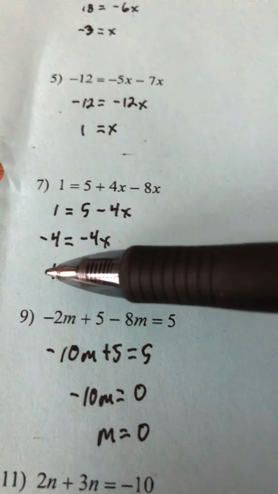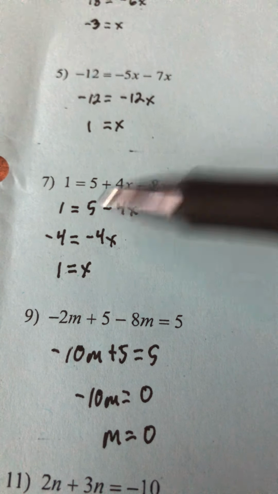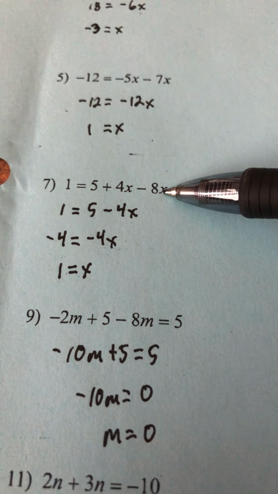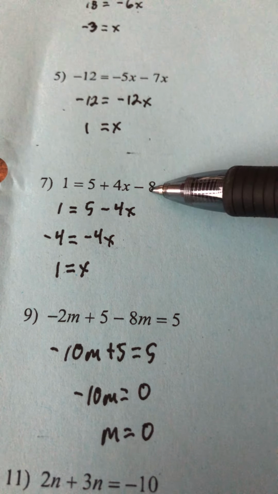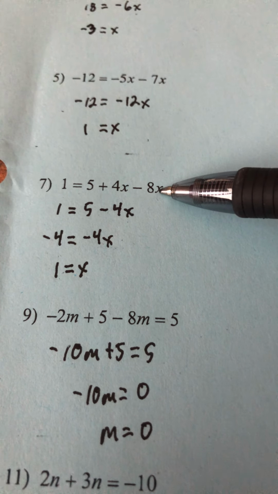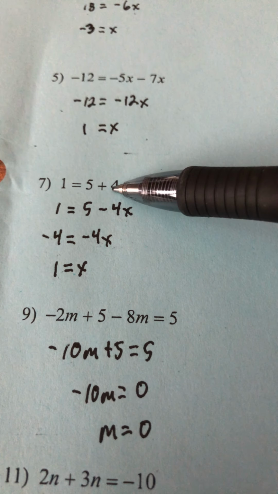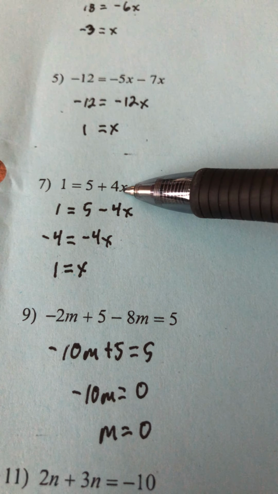I could always go back and check my answers. I take this 1 and I put it in here, and guess what? Let me work it backwards: 8 times 1 is 8, minus 4 times 1, which is 4.